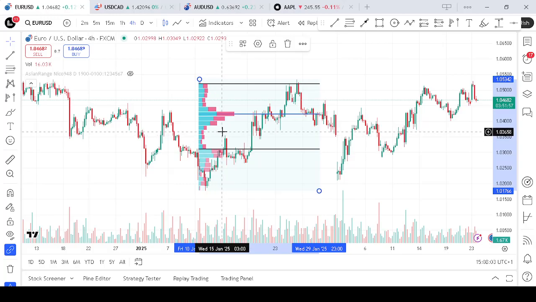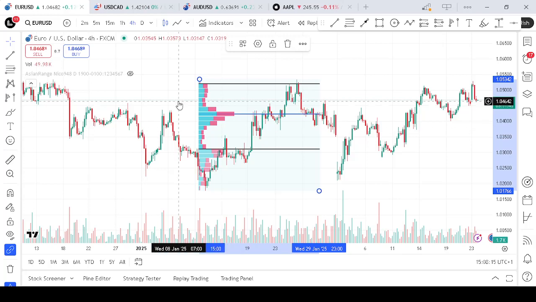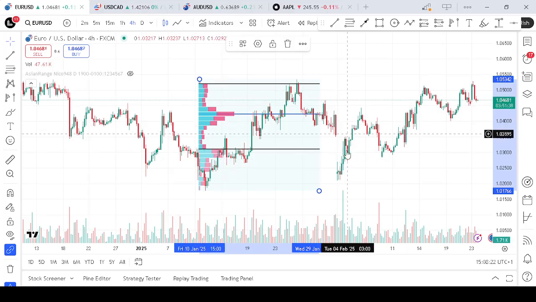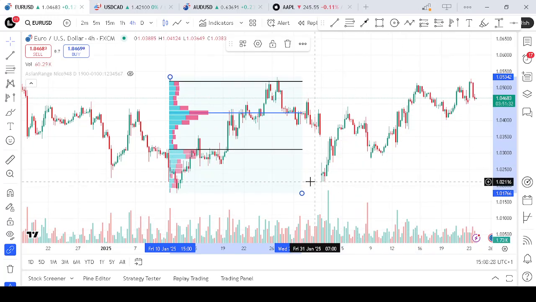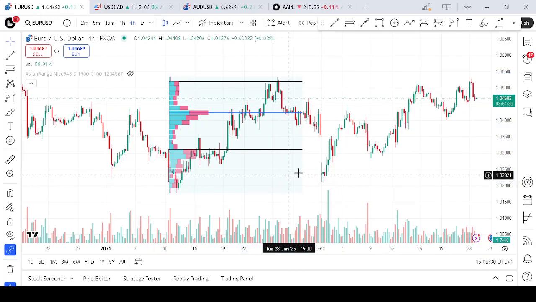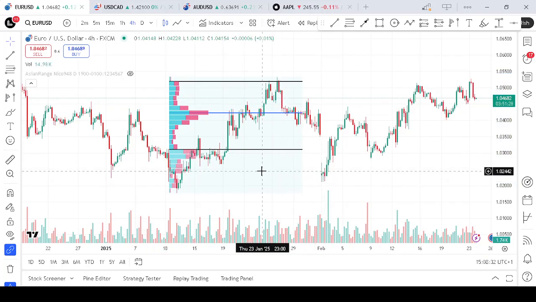Using the FRVP, you can gain a deeper understanding of the market sentiment and trend strength. This indicator not only confirms trend but also helps identify potential reversals by showing you where significant interest lies, whether you are trading with the trend or looking to capitalize on reversals. The FRVP provides the clarity needed to navigate complex market conditions effectively.